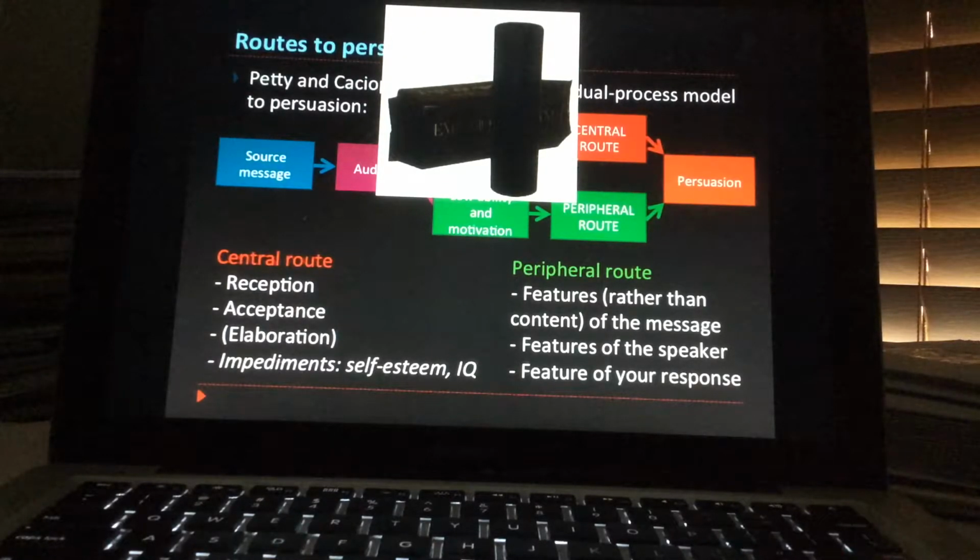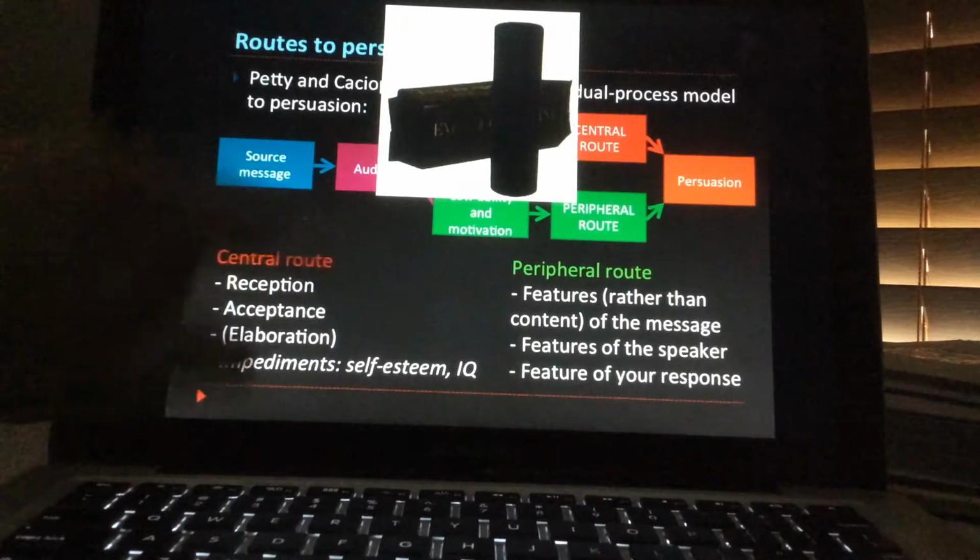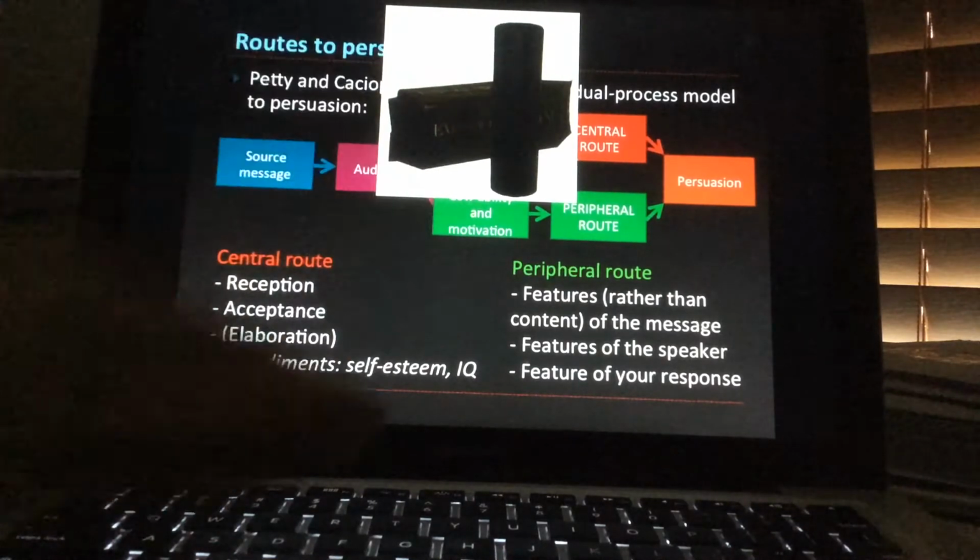So the example I'm going to give you here is there are two ways that we could try and convince someone to form an attitude or change an attitude, or at least get new information about an attitude object. And I'm going to use, you can't see this, it's an aftershave, Emporio Armani aftershave.